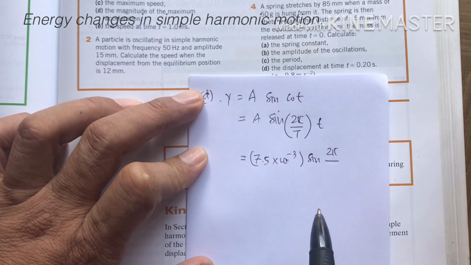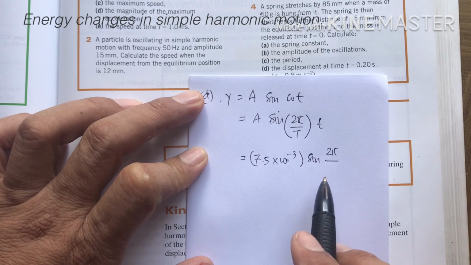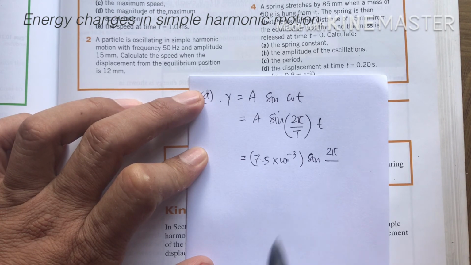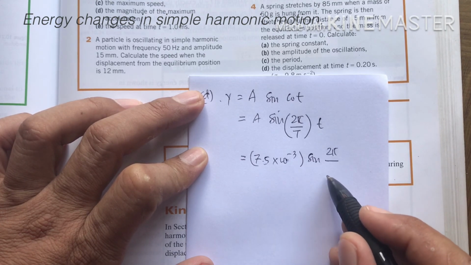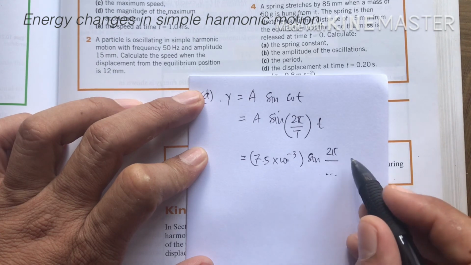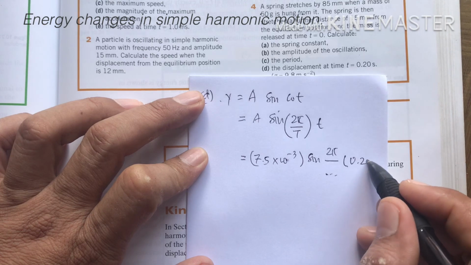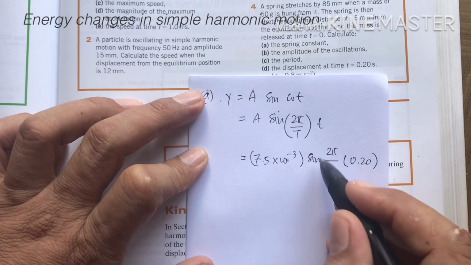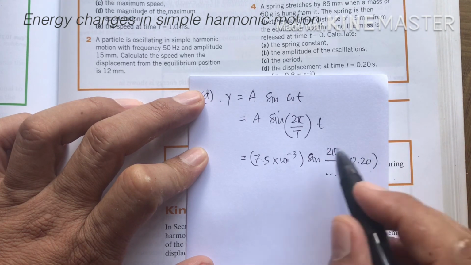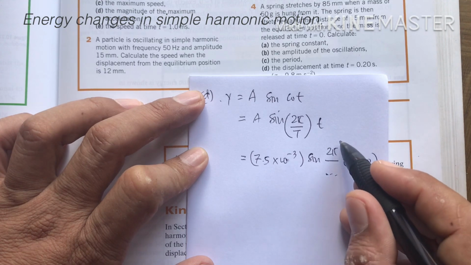Because we don't bring any calculator here, we can't find the root for this number. So after you get T, and t small is 0.2, you calculate here and then get how much theta is.